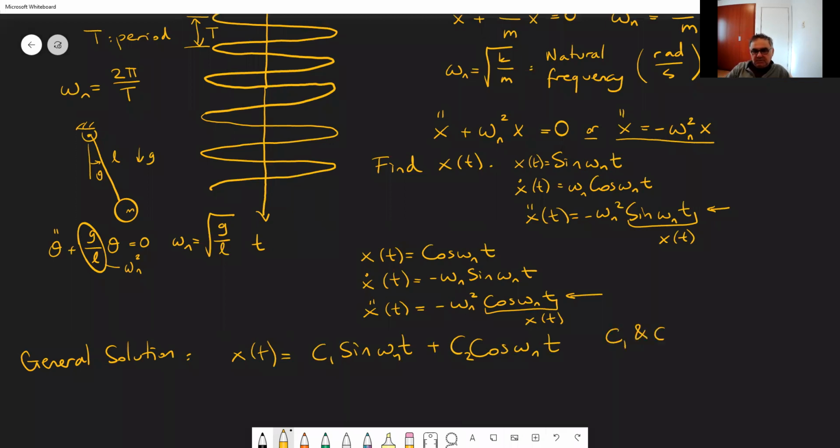C1 and C2 have to be determined from initial conditions. In short, I will use IC for the initial conditions.